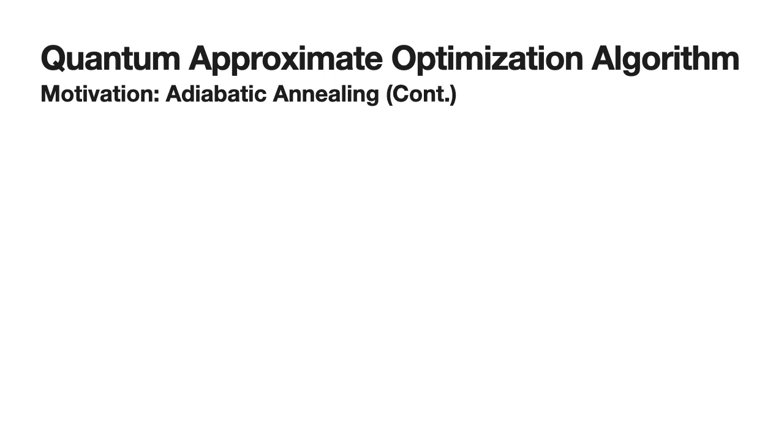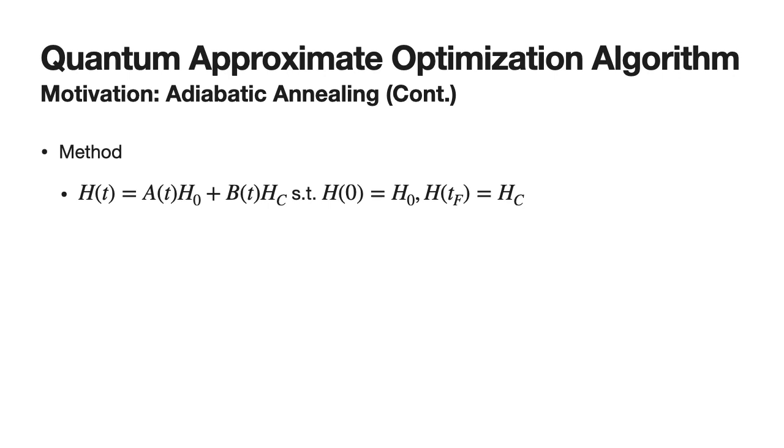Here's how the adiabatic annealing method would work conceptually. We start with the simple reference Hamiltonian H0, whose ground state is known and easy to construct, like an equal superposition state. Then we encode our optimization problem into a final problem Hamiltonian HC, such that the ground state of HC corresponds to the optimal solution you want.